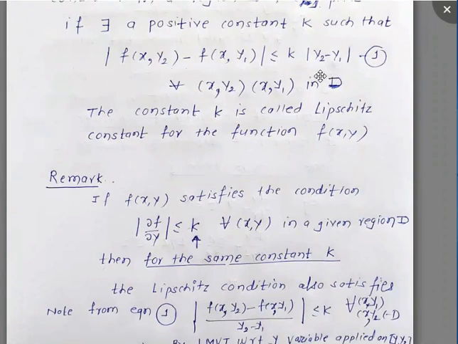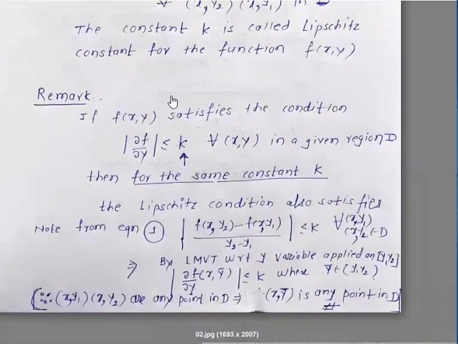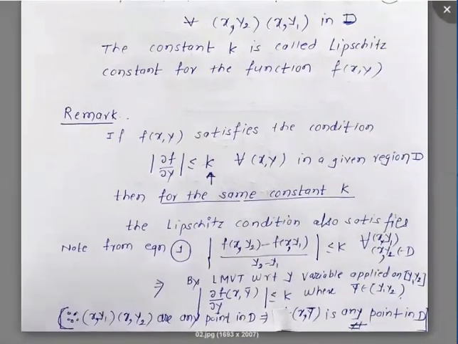So we get the modulus of f of x comma y2 minus f of x comma y1 divided by mod of y2 minus y1, which we have taken from the right hand side to the left hand side.